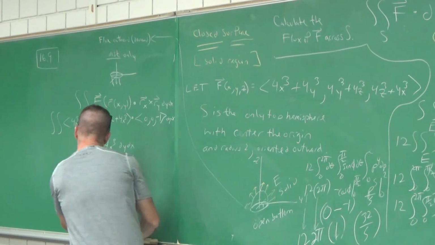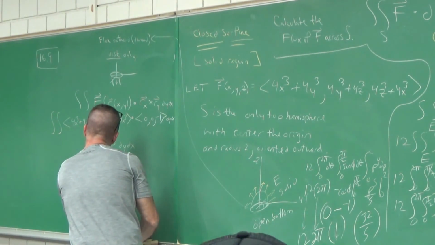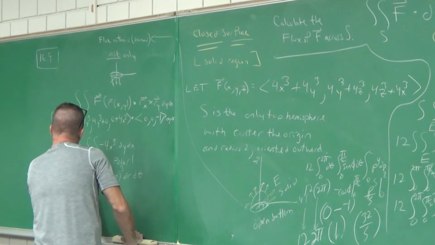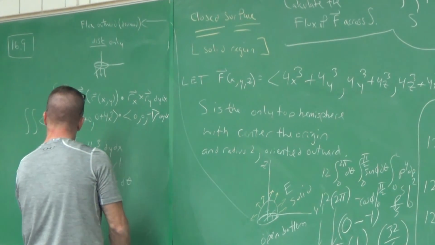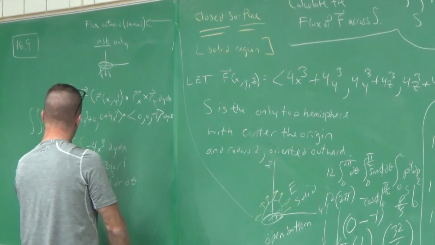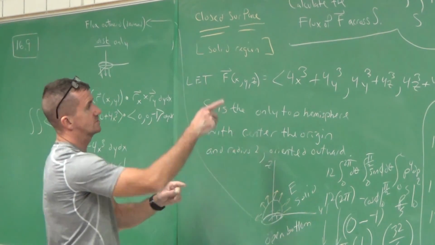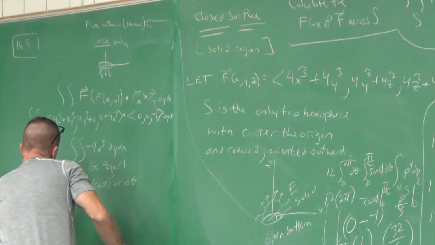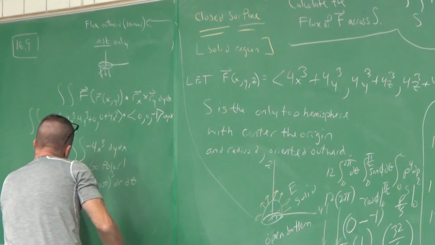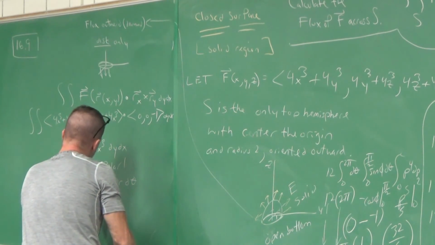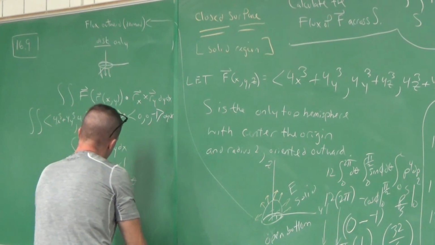And I'm going to keep that r in there. Theta goes from 0 to 2 pi, and the radius goes from 0 to 2, because this was a hemisphere of radius 2. Let me write this again: negative 4, 0 to 2 pi, 0 to 2, r to the 4th cosine cubed theta.